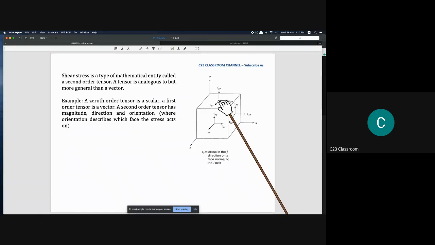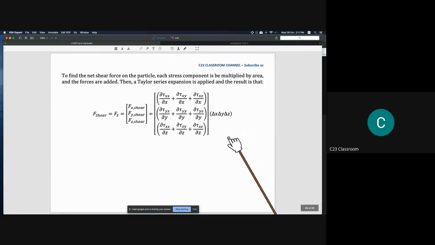We could say that the shear stress can be defined into 3 axes, because we are going to derive this equation into 3 axes, x, y, and z. So we have the tau in yy direction, tau in yz, and tau in yx.